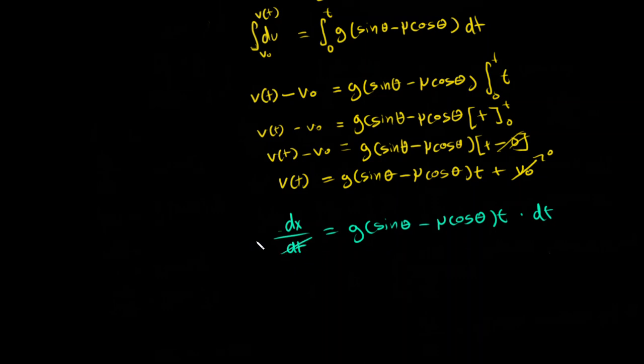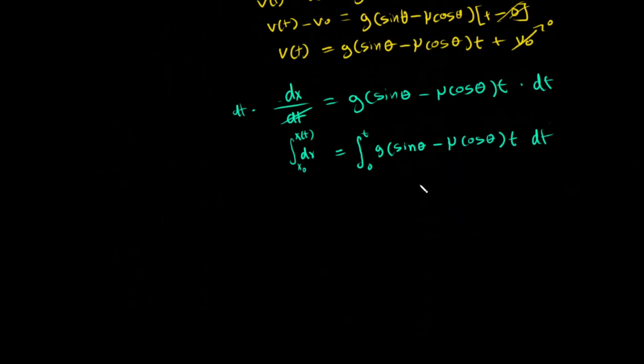Now it cancels out here because we multiply by dt, and we're left with the integral from x naught to x of t of dx, which is equal to the integral from 0 to t of g sine theta minus the coefficient of friction cosine theta times t dt. Let's do the left side first because it's just glaring.